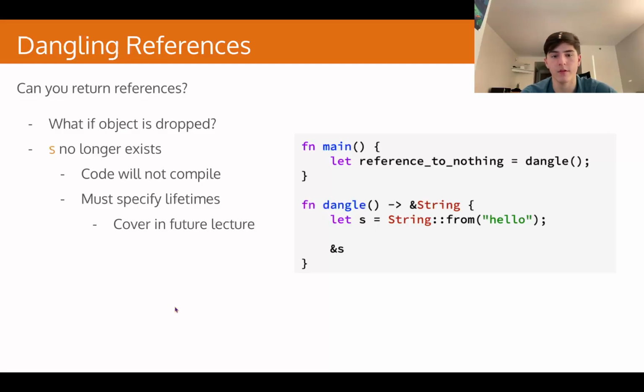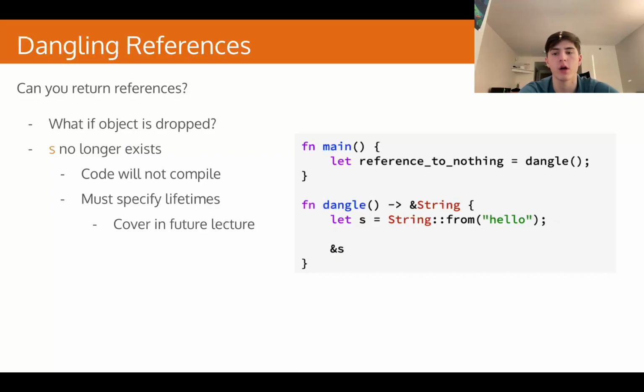A dangling reference, which I referred to earlier, is when you try to return a reference to a variable that doesn't exist. For example, here, this case is a string. So here, you pass back the reference, but once this scope has been exited, the string s no longer exists. So this can't point to anything. But unlike a pointer in C++, you're not allowed to point to nothing.